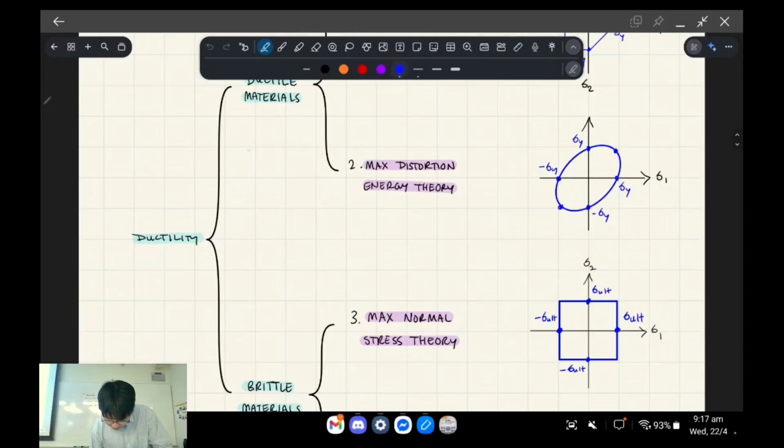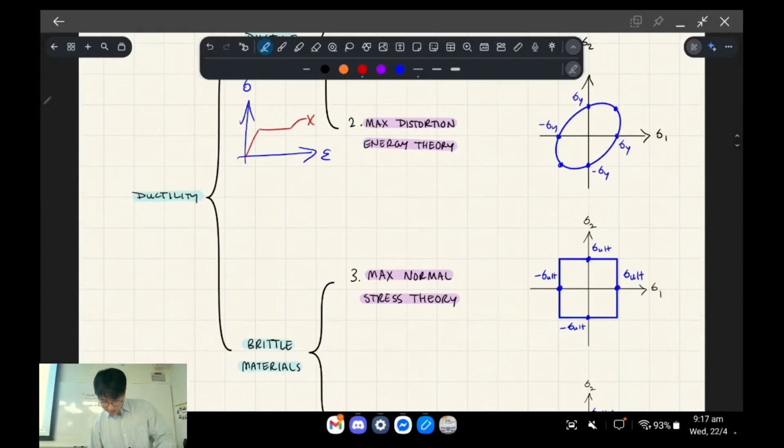And then brittle materials, so I might just draw that on a stress strain curve to illustrate my point. If you have a material curve, stress strain, for a ductile material it might look something like this, right? Where you've got an elastic region, a plastic region, which we can just pretend is completely flat. And then it might also have a bit of strain hardening before it completely breaks. That would be a definition of a ductile material.